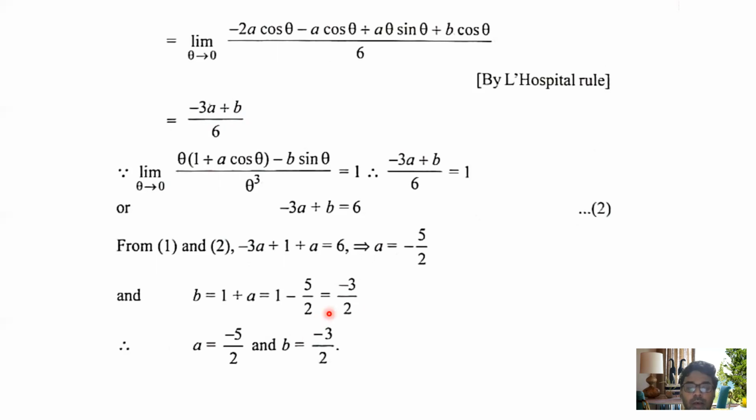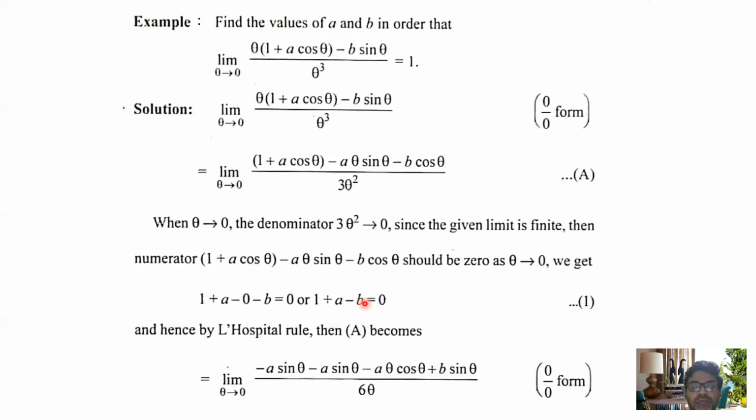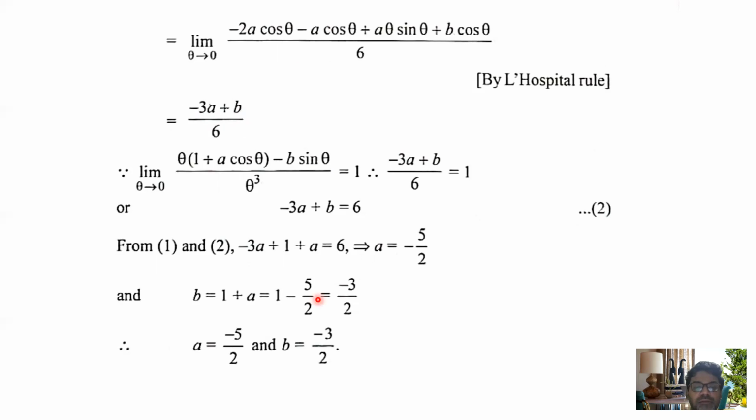Okay. So from here, what is b? B is equal to 1 plus a. Now you check, try to understand. Please check carefully. So 1 plus a is equal to b, already you have from equation number 1.